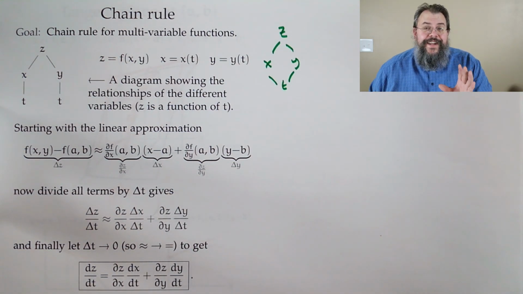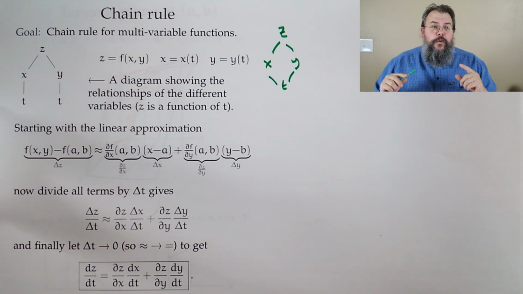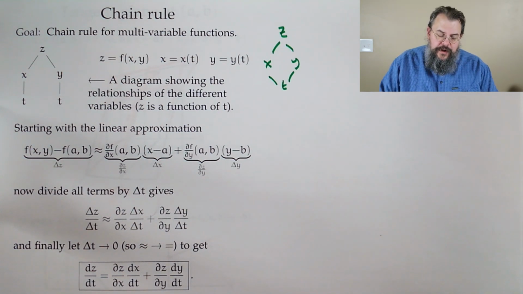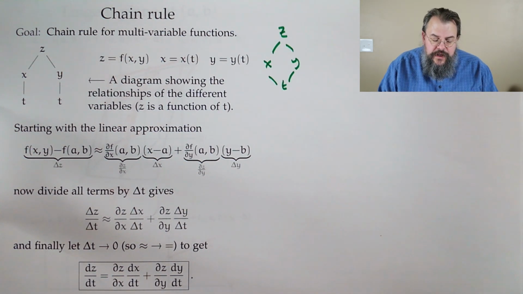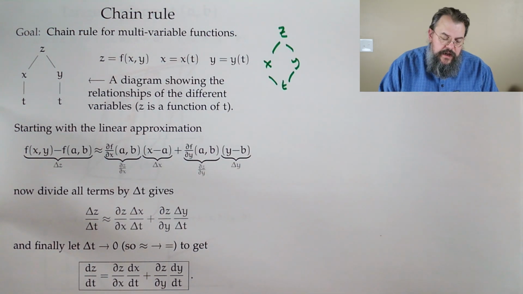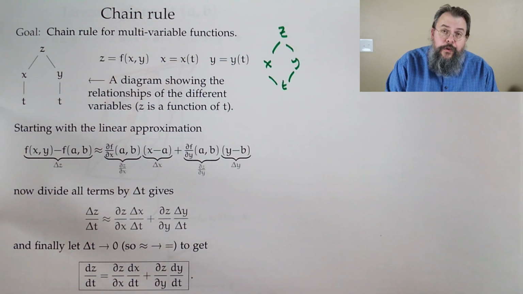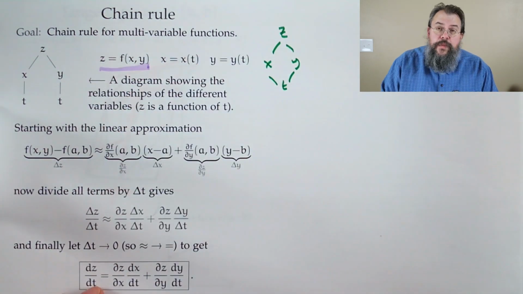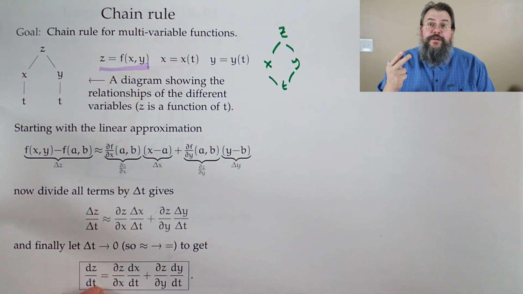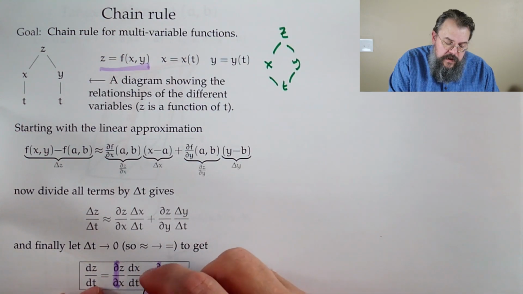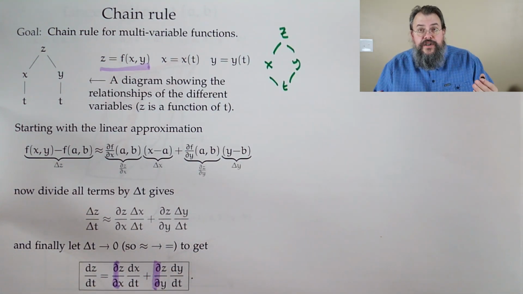Now let's pause for a second here, because you might notice we're mixing the partial and the d. When do we use which one? Why do we use partial in some places and d in other places? It comes down to the question, how many variables are involved? You notice z is multivariable. It depends on two inputs. So since it's multivariable, it's going to have a partial symbol.